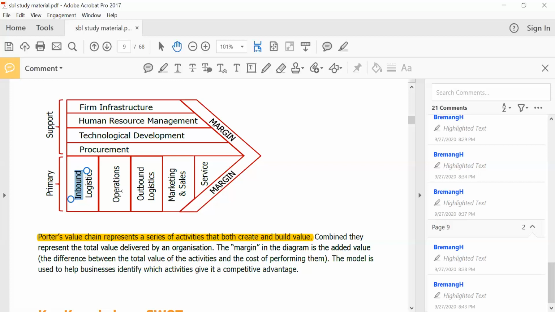Procurement, the resources that you buy can have adverse impact on the quality of your output. That is, your input can be affected. If you tend to buy shoddy raw materials, you tend to affect your output. And the output is the product that these customers are going to use.